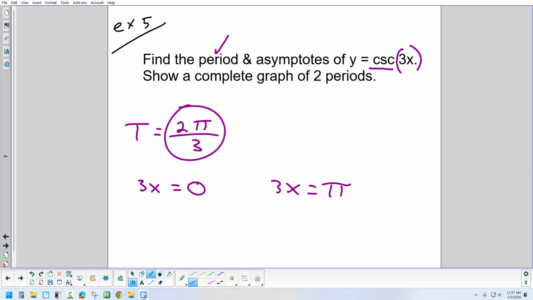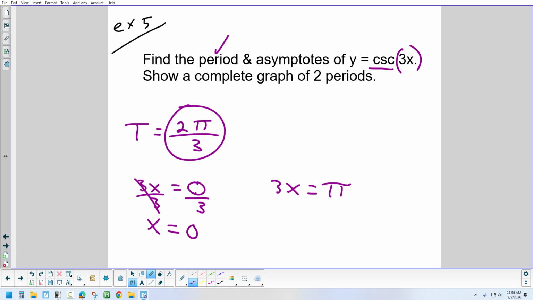Now solve each one of them. That 3 is going to cause everything to shrink by a factor of 3. Well, if you take 0 and you shrink it 3 times as much, what number would you get? 0. Yeah, 0 doesn't change.